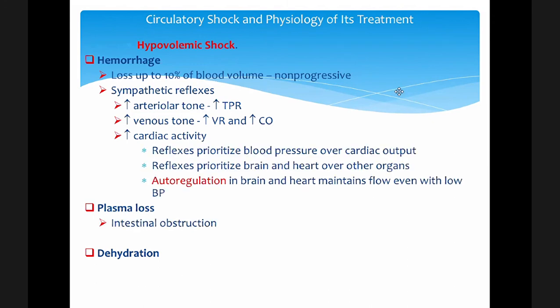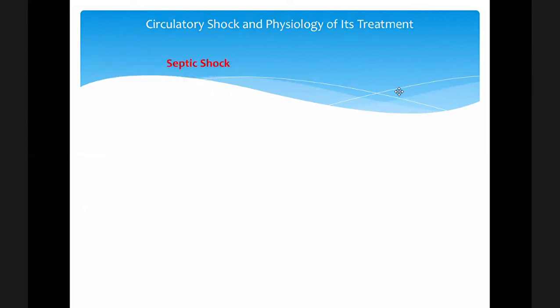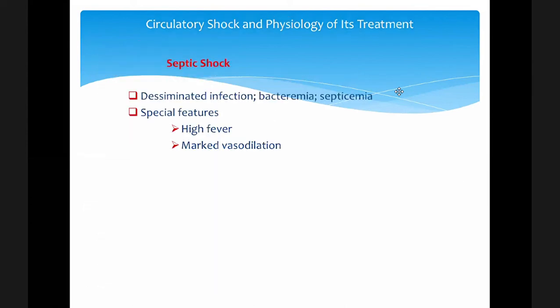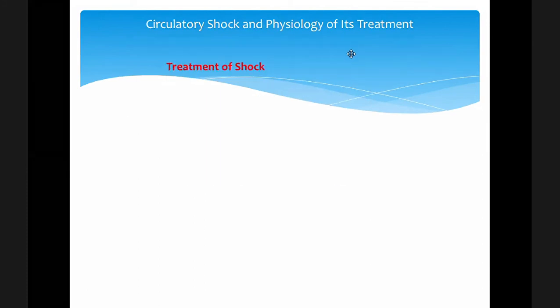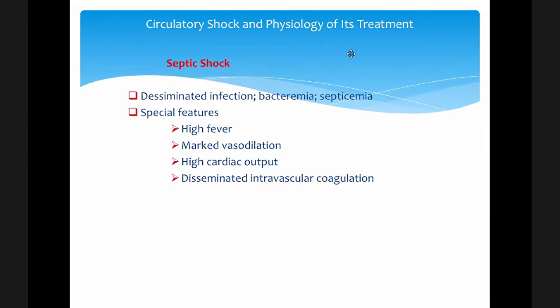Okay. Plasma loss. Ito yung good example are burns or intestinal obstruction, diarrhea, excessive sweating, hypovolemic. So, septic shock, madadiagnose mo naman yun kasi there are signs of infection. Let's say, may fever, or merong rashes, or may coughing.